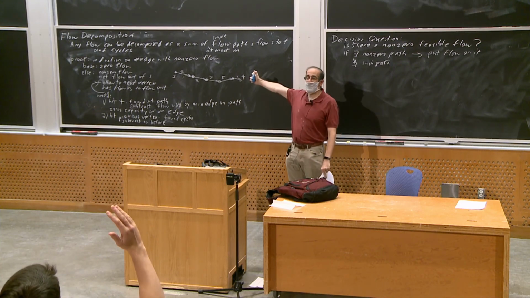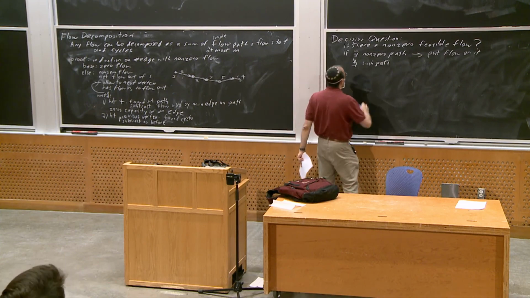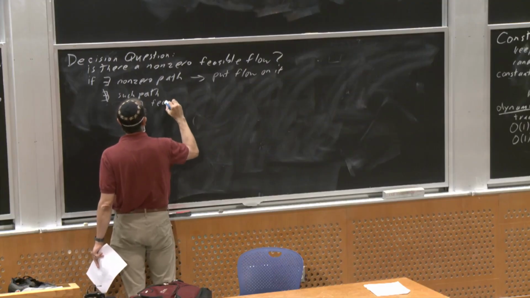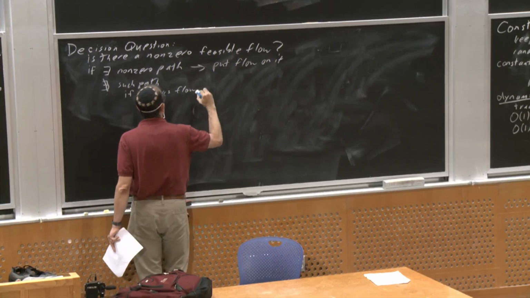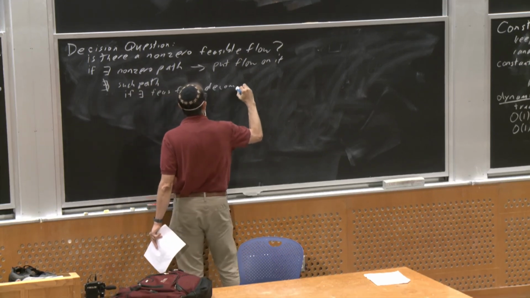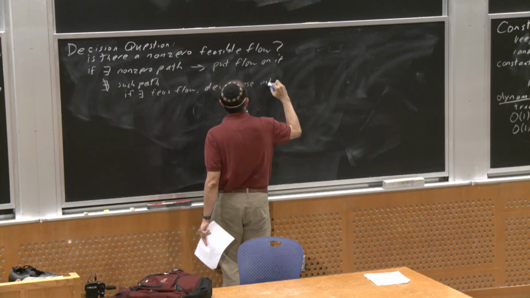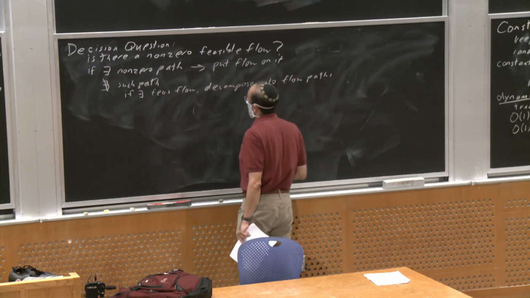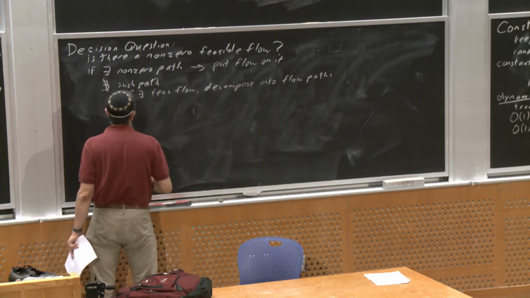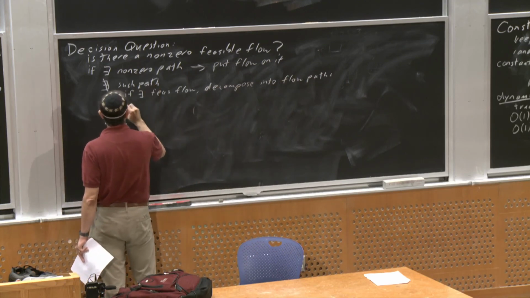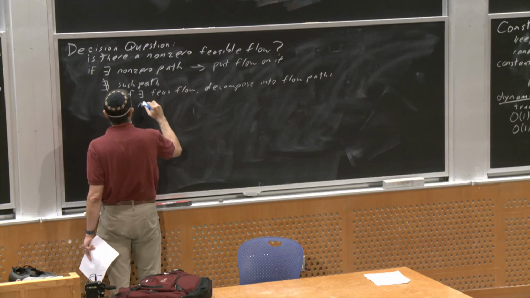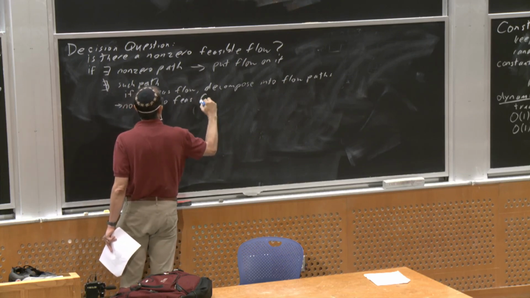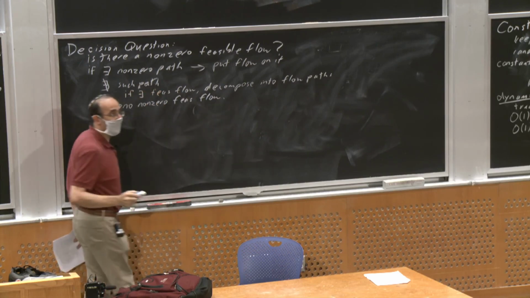Yeah, we just pointed at what we just did, right? We already know that if there exists a feasible flow, you can decompose it into flow paths. And so if there is no path, that tells us that there is no non-zero feasible flow.